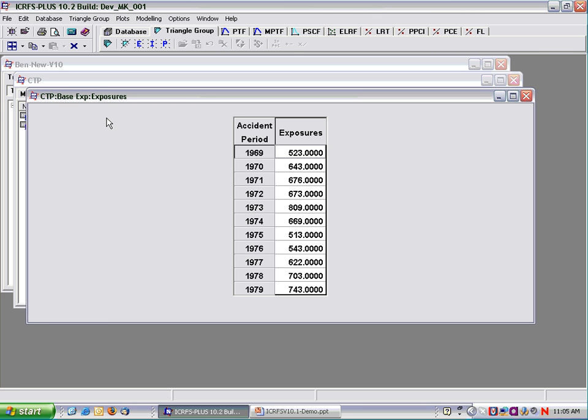This is real data, and the exposures we're using here represent the estimates of the ultimate number of claims incurred for each accident year. This data is published data, and these exposures were already calculated by, I think it was Greg Taylor in his paper.